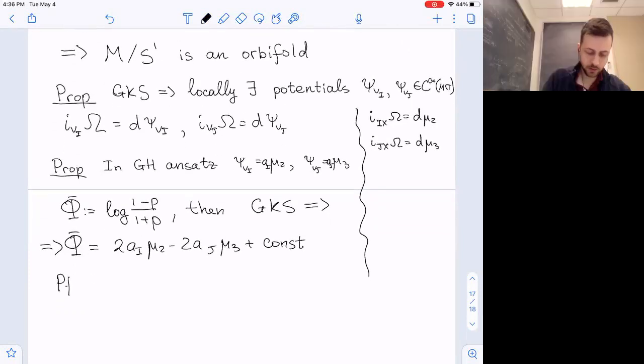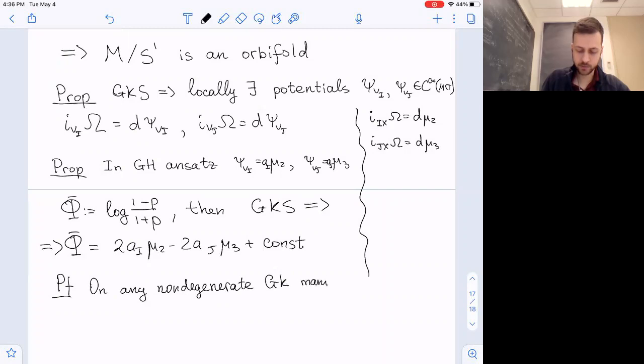So the proof is really just the use of this identity, which Vestin and Jeff found in their paper. This identity tells that on any non-degenerate generalized scalar manifold, you still can define this function phi. This definition makes sense in dimension 4.